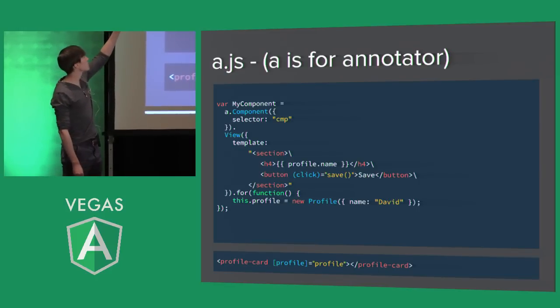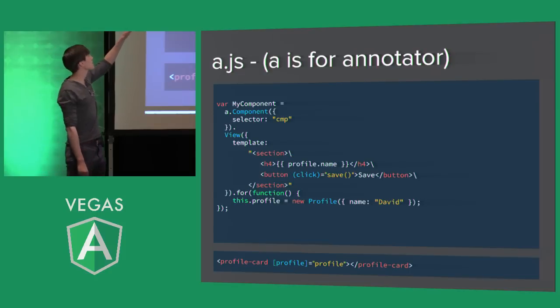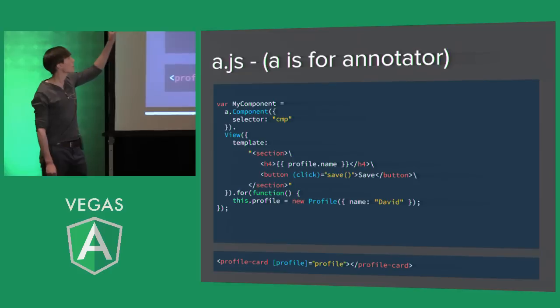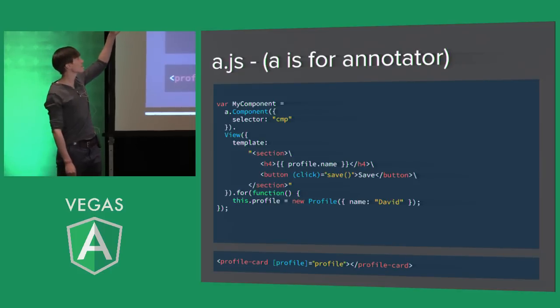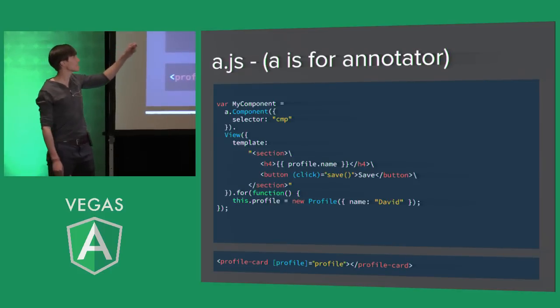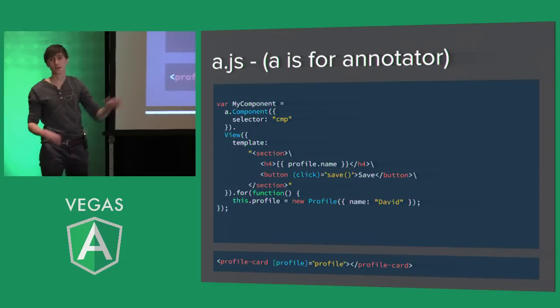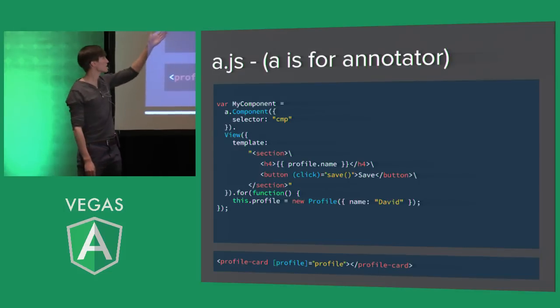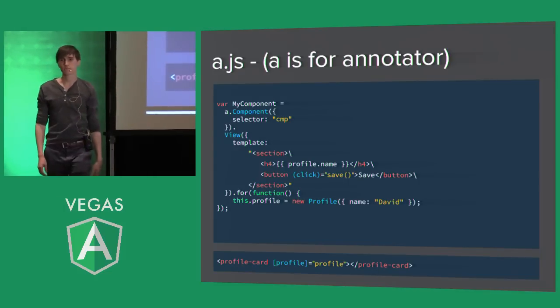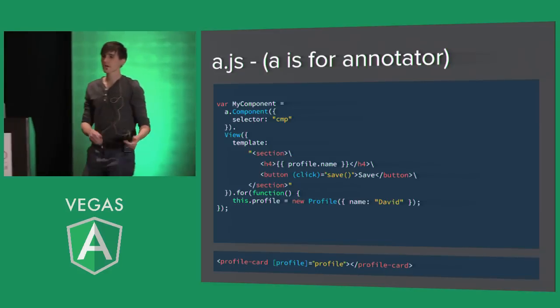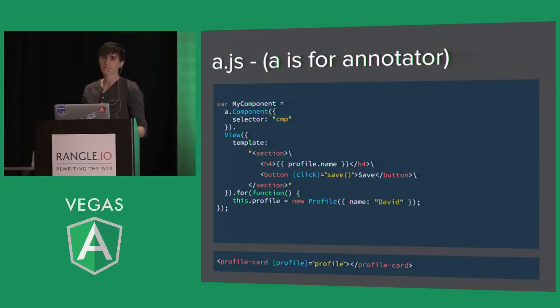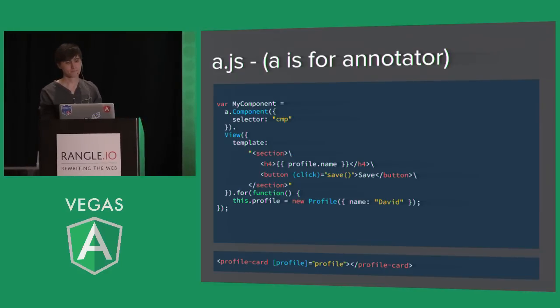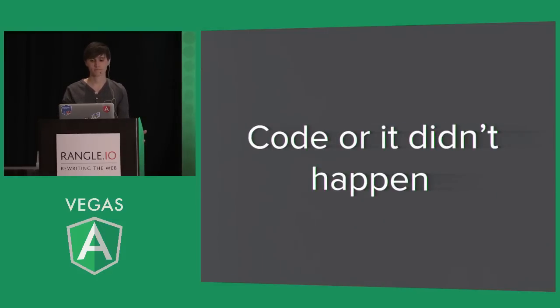After I provide the selector of CMP, I can chain onto that and call view, and then provide my template. Then I chain again, and I say for, and this is my constructor function right here. I just put in a function, and I specify my property. And then right down here at the bottom, I can create my profile card by binding to the profile property. So this reads a little bit more like TypeScript, but you can write it in ES5.